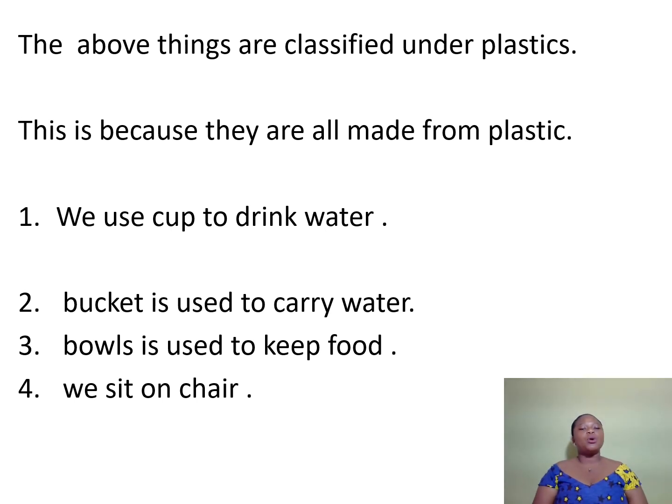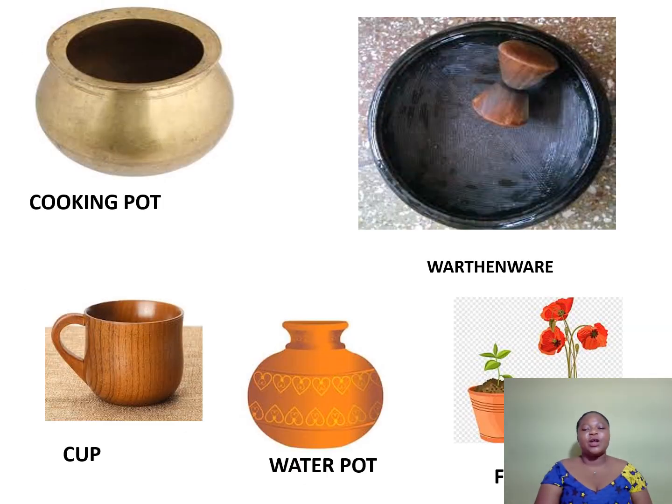But bowls are used to keep food. And we sit on the chair. We use cups to drink water, buckets to carry water, bowls to keep our food, and we sit on chairs.